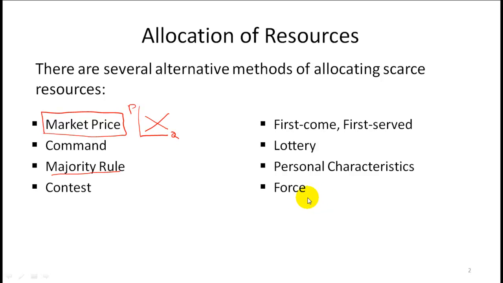And finally, force. Burglars get resources through force, for example. Anyway, not a hugely important topic, but still you need to know one or two sentences related to each one of these bullet points.